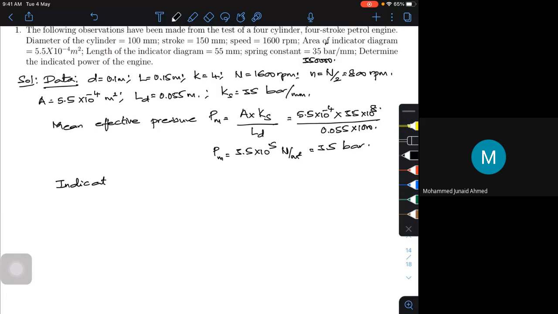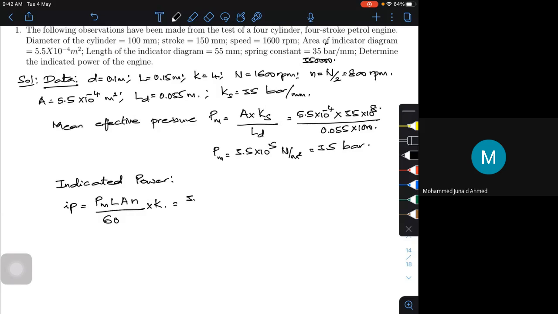So indicated power, this being the 4-stroke engine, your IP is given by PM, the mean effective pressure, into L into A into N divided by 60 into your number of cylinders. Now this pressure is 3.5 bar.